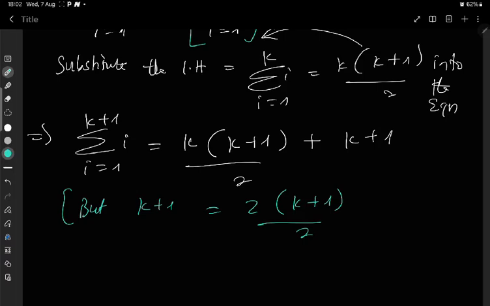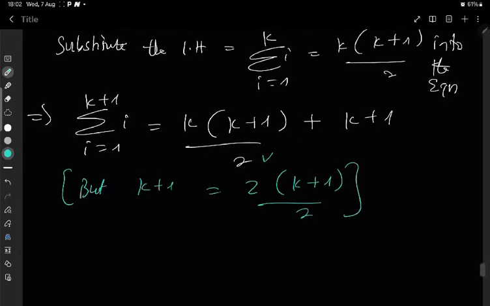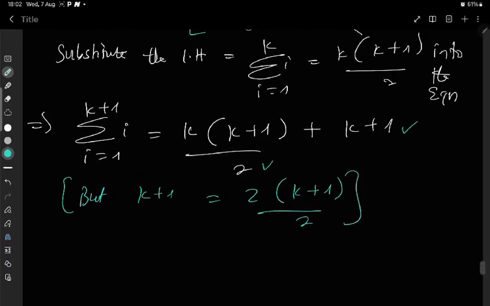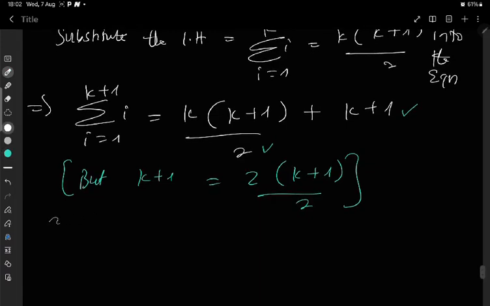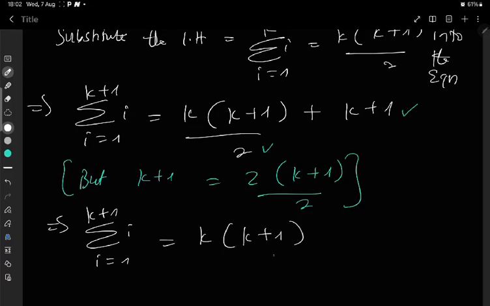We just rewrote this k plus 1 so that it will have the same base as this. So we now have k(k plus 1) all over 2 plus 2(k plus 1) all over 2.